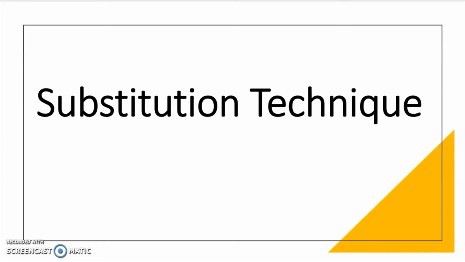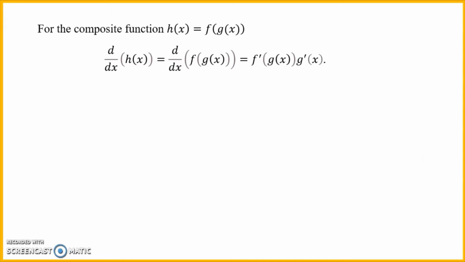In the chapter on differentiation, the chain rule is used to determine the derivative for the composite function h of x equal to f of g of x. It means that there is a function g of x inside the function f.